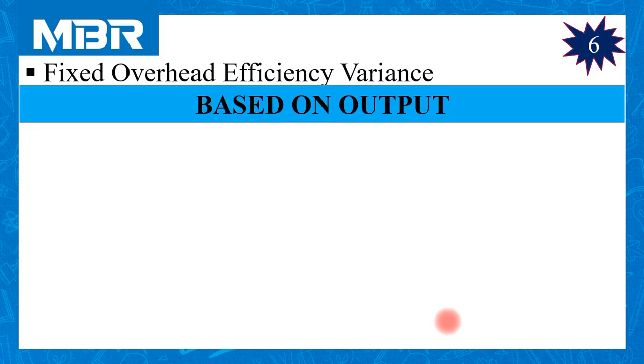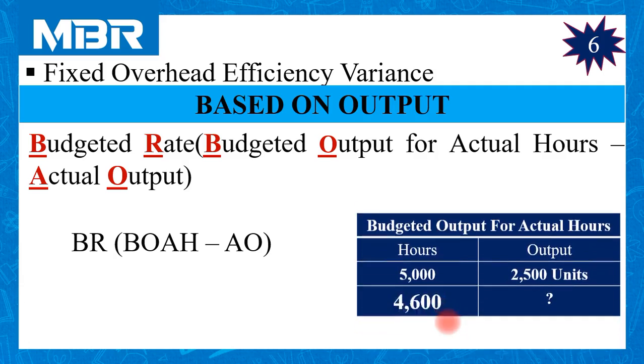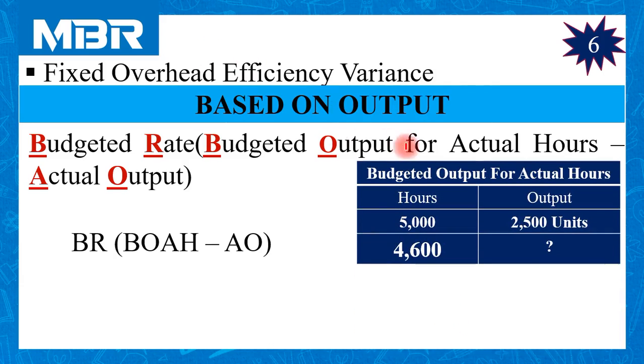Now enter into the second option, that is calculation of overhead efficiency variance based on output. Budgeted rate into bracket budgeted output for actual hours minus actual output. BOAH minus AO. First of all, we need to calculate budgeted output for actual hours. It is nothing more than a comparison and simple cross multiplication of the budgeted information. As per the budgeted information, 5,000 hours are required to produce 2,500 units.